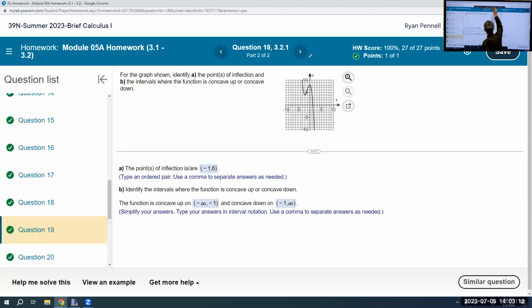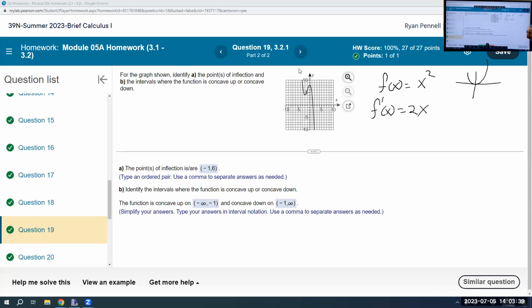Where is that coming from? Let me explain the actual calculus rather than just teach you the homework. Think of f of x equals x squared. Okay, that's a parabola. That looks like this, right? Take the derivative of this, f prime of x equals 2x.